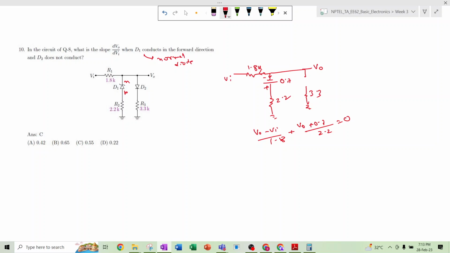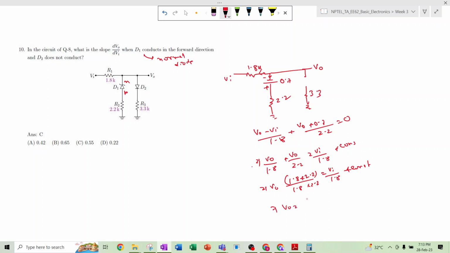So it will be VO divided by 1.8 plus VO divided by 2.2 is equal to Vi divided by 1.8 plus some constant term. That means this VO is 1.8 into 2.2 over 1.8 plus 2.2, equal to Vi into 1.8 plus some constant, right?